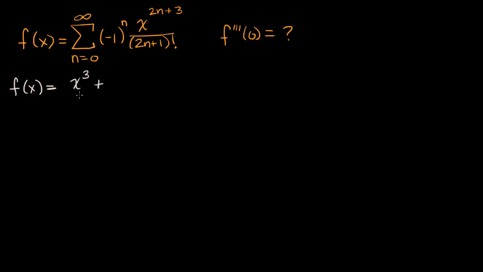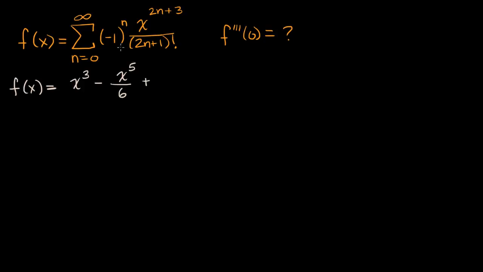Then the next term, when n is equal to 1, now it's going to be negative 1 to the 1, so it's going to have a negative out front. Negative, and there's going to be 2 times 1 plus 3, so that's going to be x to the fifth power over 2 times 1 plus 1, so it's going to be 2 plus 1 is 3 factorial. So it's going to be x to the fifth over 6.